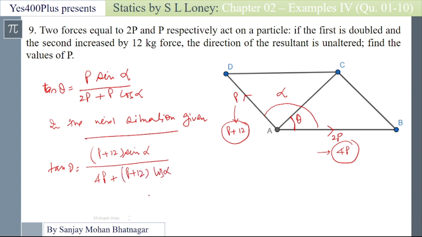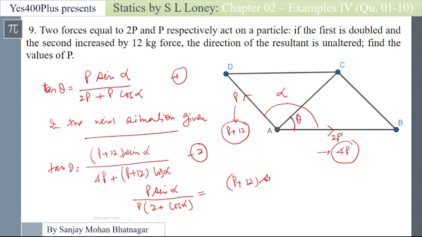cos alpha. Okay, and obviously from 1 and 2 we have p sine alpha upon p into (2 plus cos alpha) equal to (p plus 12) sine alpha upon 4p plus (p plus 12) cos alpha.